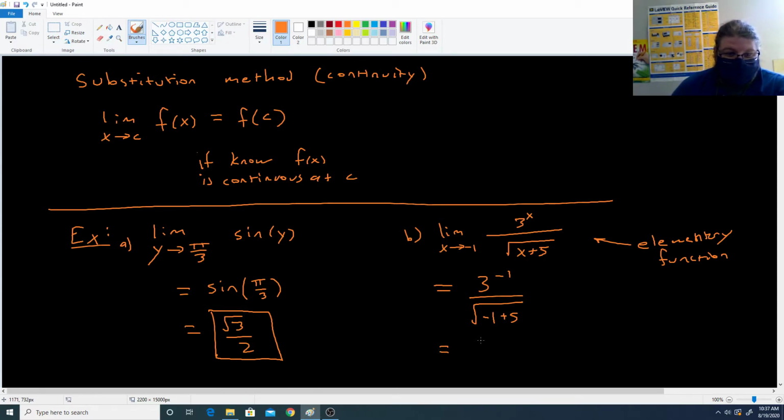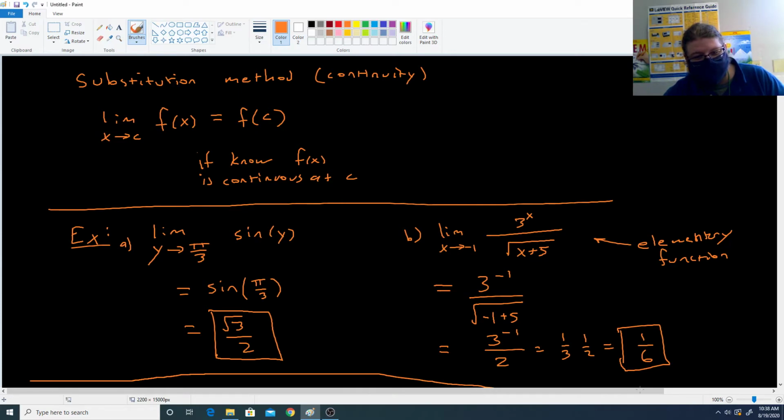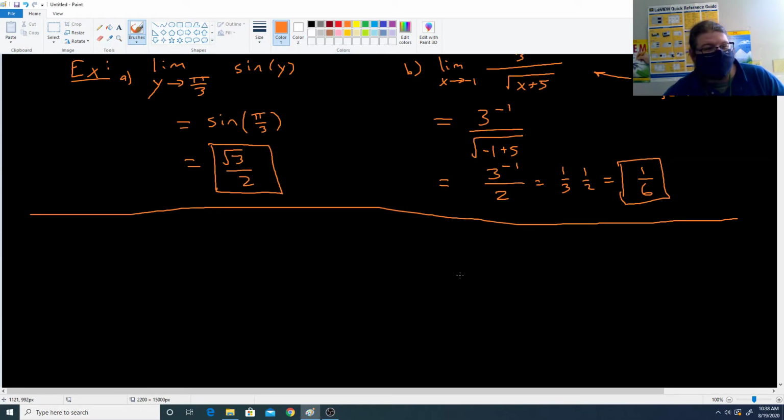So if this is not a continuous function, then you're not allowed to do what we're doing here. So you get 3 to the -1 over the square root of 4. Square root of 4 is 2. 3 to the -1 is a third, so this is a third times a half, which is 1/6. And we get our answer that way. So for this example, you need to verify that the function is continuous where you're looking at it, and once you verify it's continuous, you're able to use it.